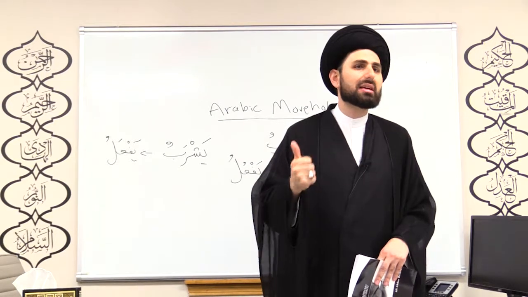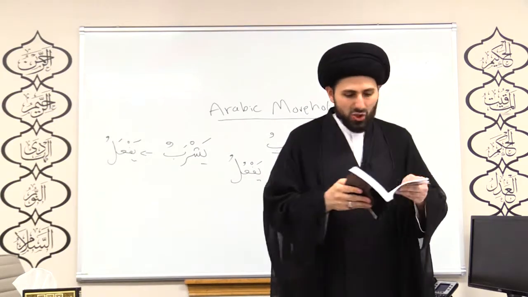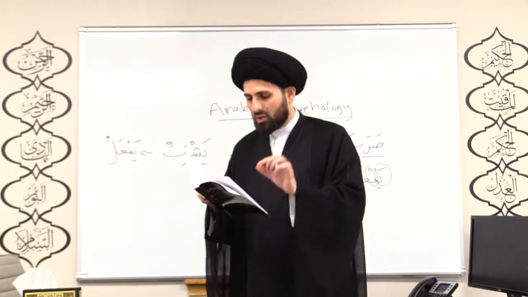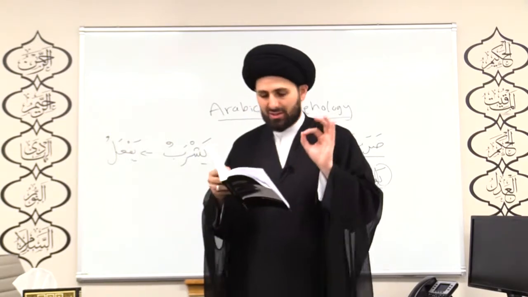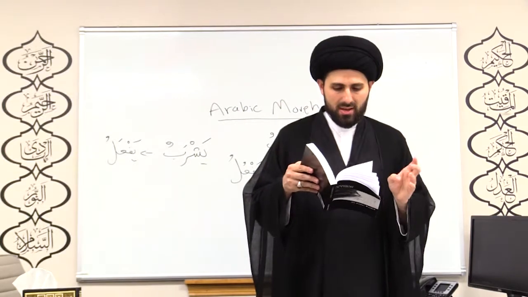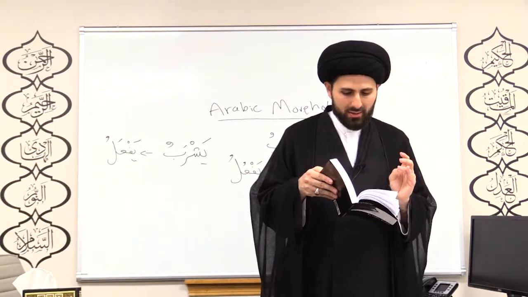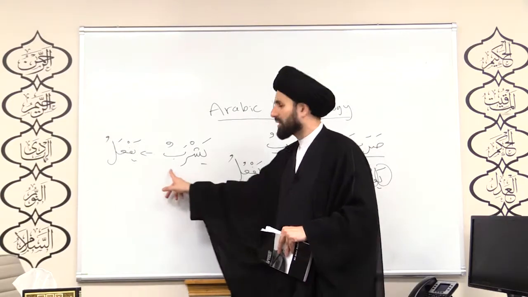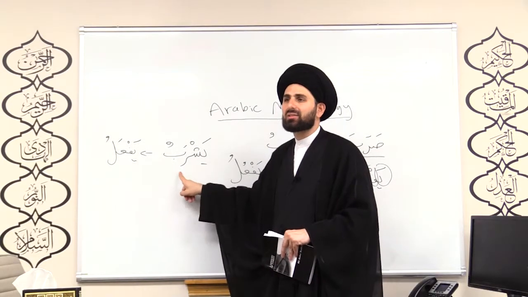Number 4, is it singular, dual, or plural? Singular. So when you look at yaf'alu, know the following. It's ghaib, it's mufrad, it's singular, and it's masculine. And of course it's fi'l. What type of fi'l is it? Mudari'. It's a present tense verb. So whenever you look at a word like that, yashrabu, there are 4 things that identify this.